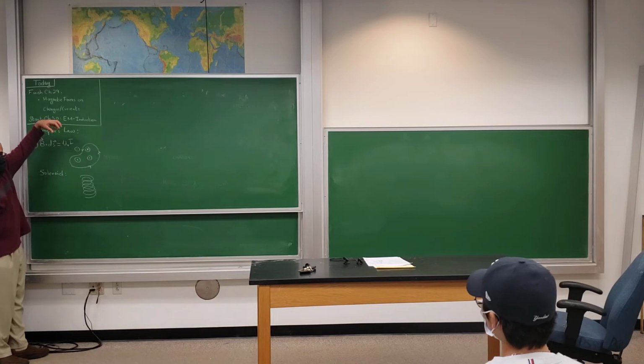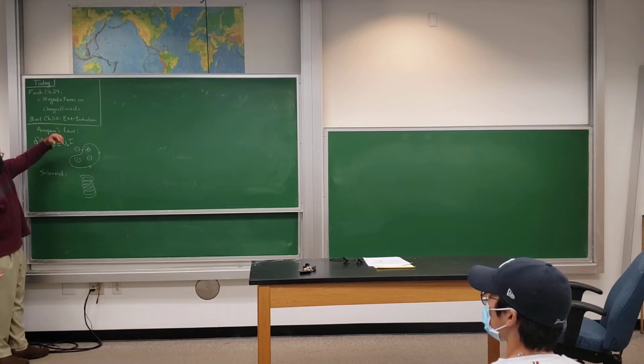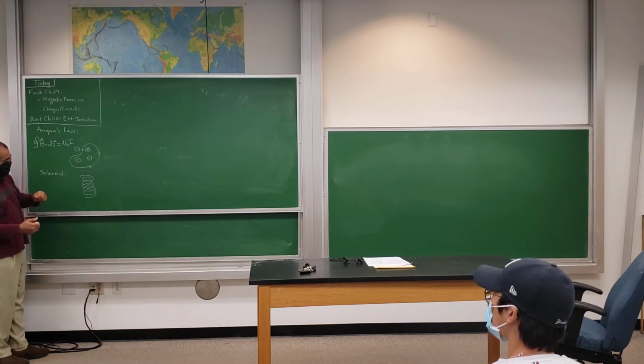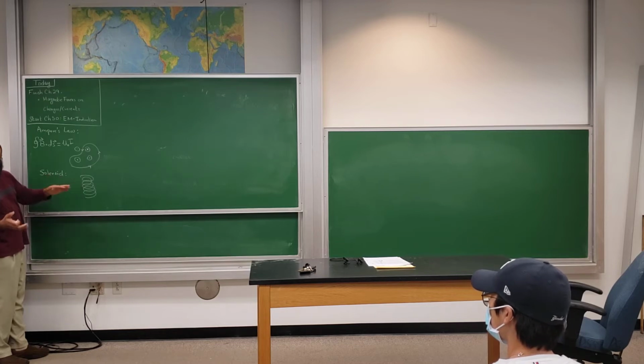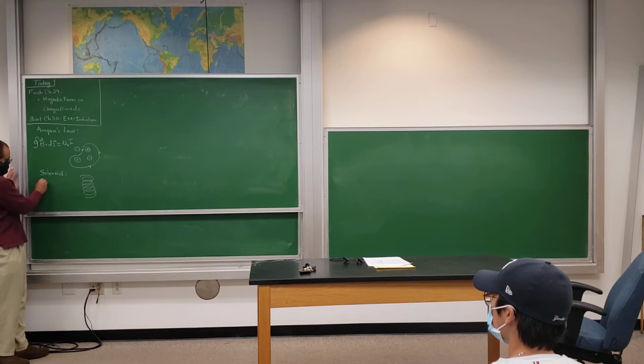Ideally, the solenoid would be infinitely long, but a regular solenoid in the lab is not infinite by any means, yet it is long enough such that you can use the following result.